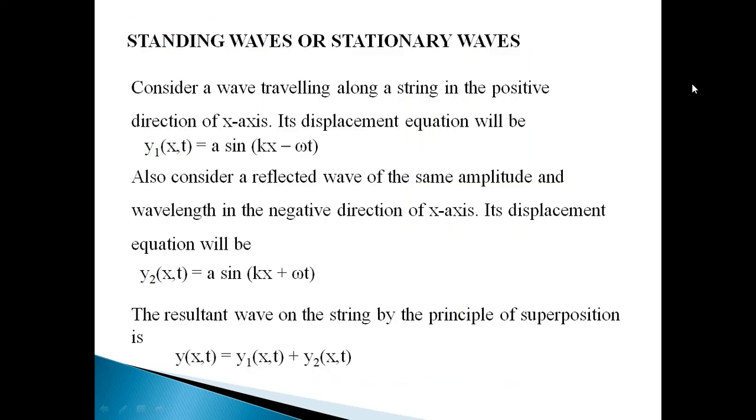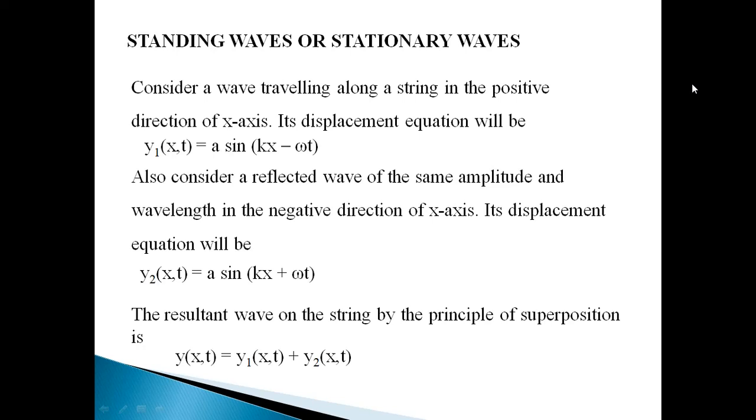Now coming to the mathematical expression for stationary waves. Let us imagine the displacement equation for the first wave, y1(x,t) equal to a sin(kx minus omega t). And for the reflected wave, let us imagine its displacement equation is y2(x,t) equal to a sin(kx plus omega t).